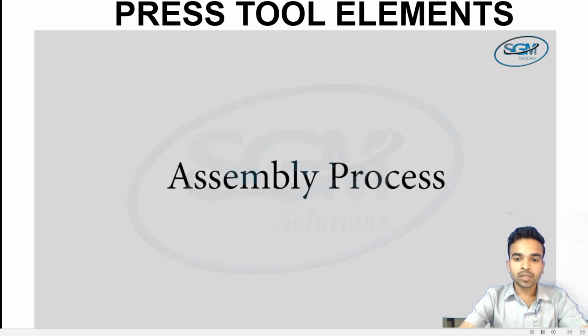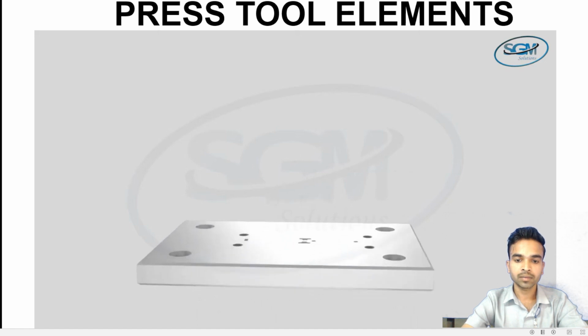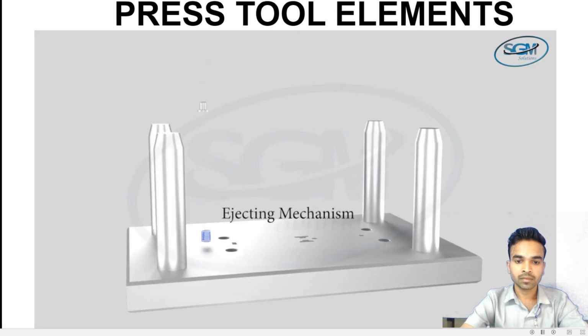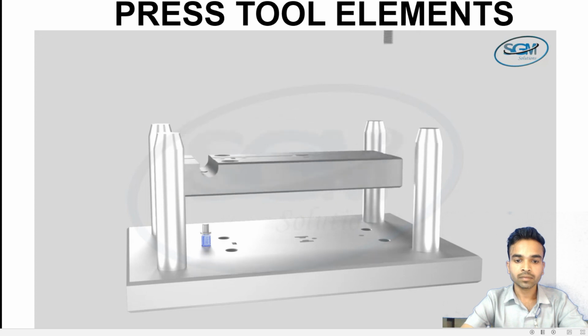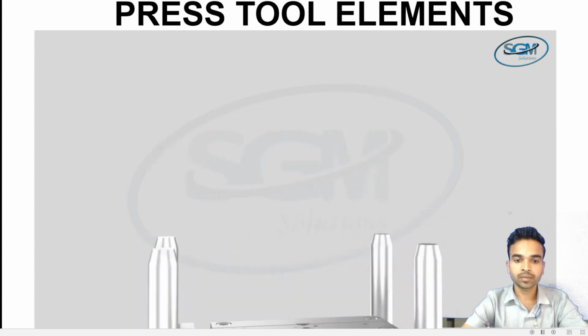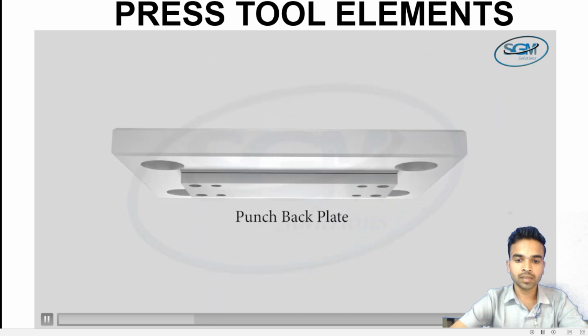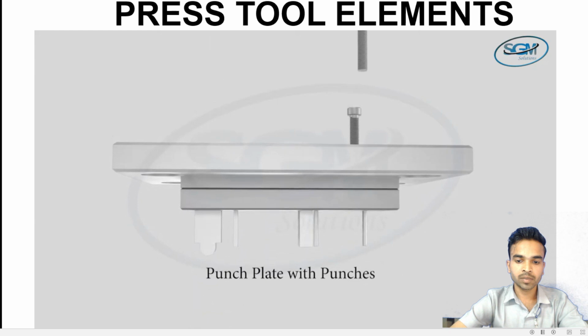Assembly process of press tool. This is a press plate or a bottom plate. This is a pillar, ejector mechanism, die plate, standard screw, this is the punch and back plate, punch plate and punch.